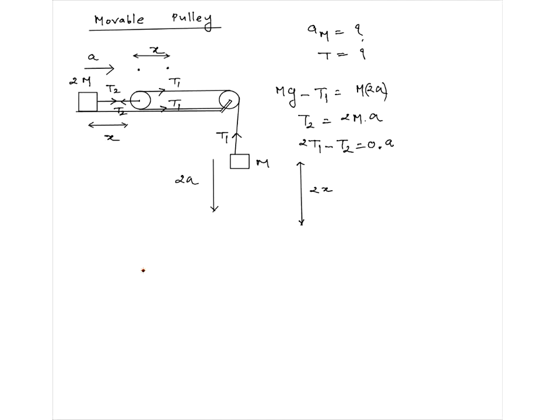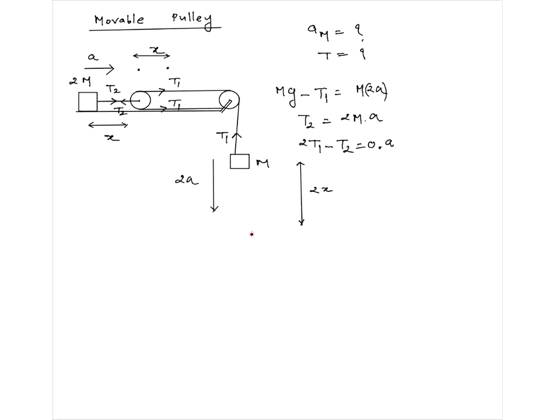This is the way we work for simple problems based on movable pulley. For very complicated problems, there is another approach. This is a simple one because one can really see x and x, then 2x going down.